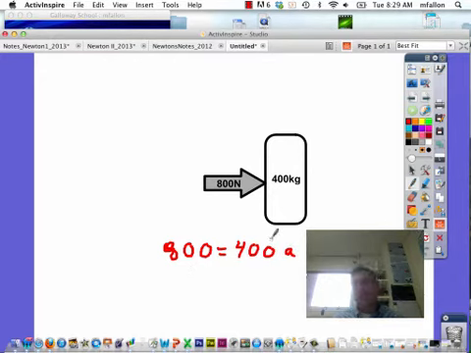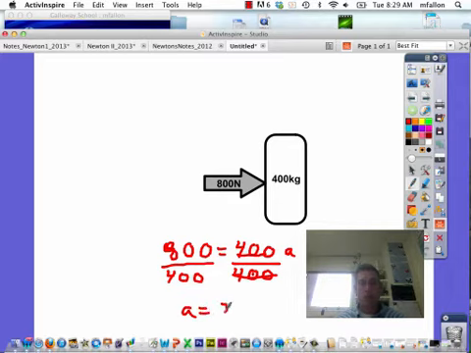How would we solve for that? We want to divide both sides by 400 so that we can isolate A. The 400 divided by 400 cancels. 800 divided by 400 is 2. So our acceleration would be 2, and the units are meters per second per second.